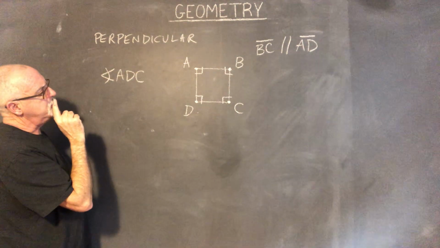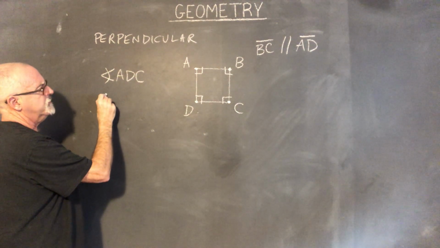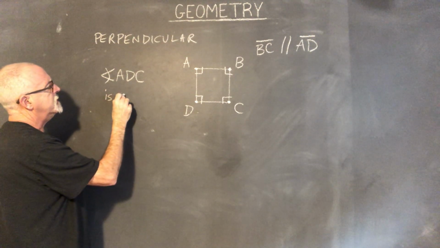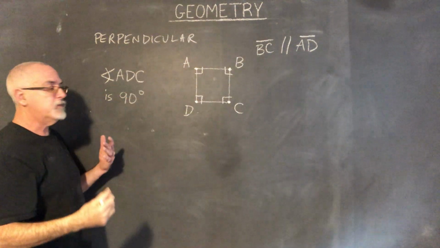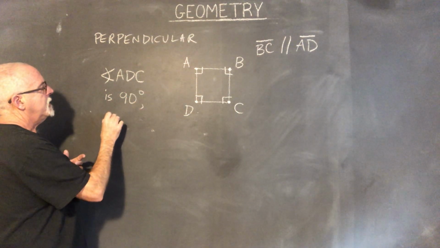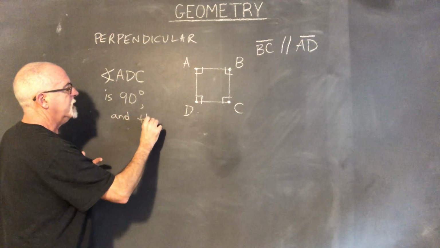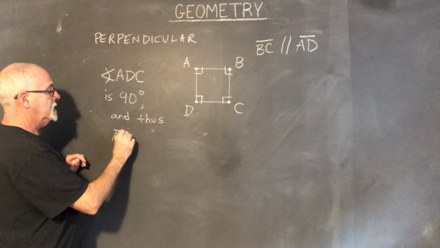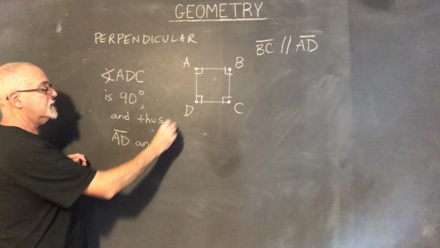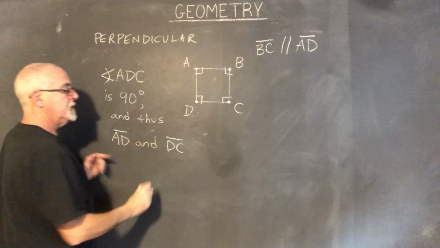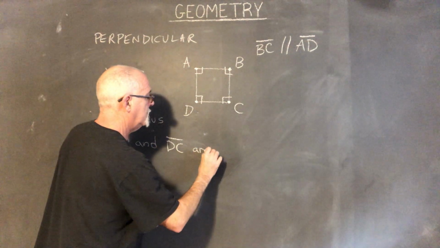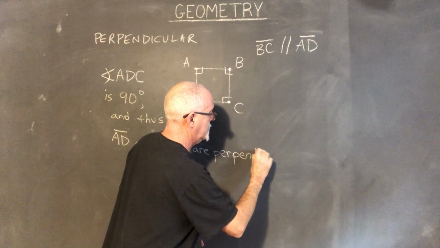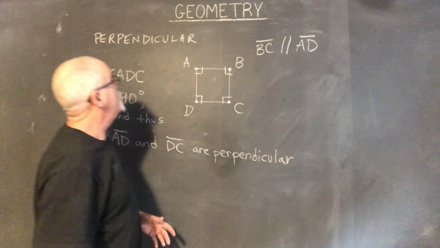Angle ADC has a measure of 90 degrees, or it is right, and thus, useful word, thus, line segment AD and line segment DC are perpendicular. Long word. Perpendicular. Okay, managed to get that.